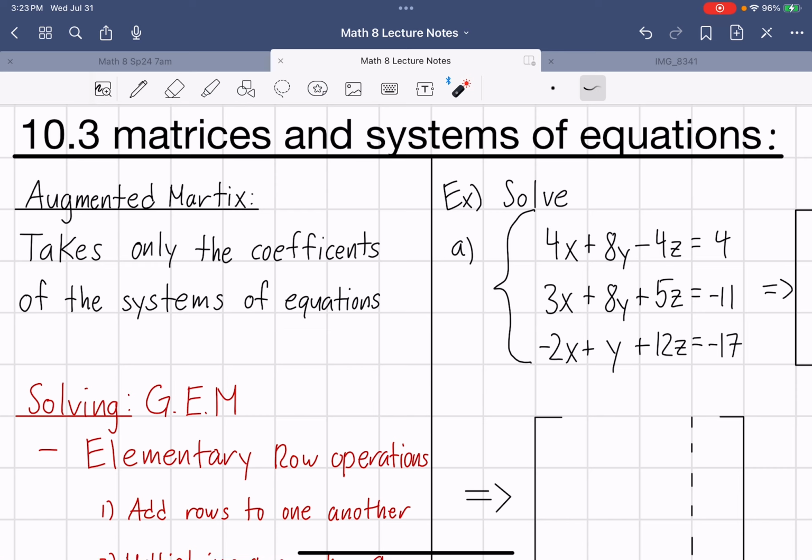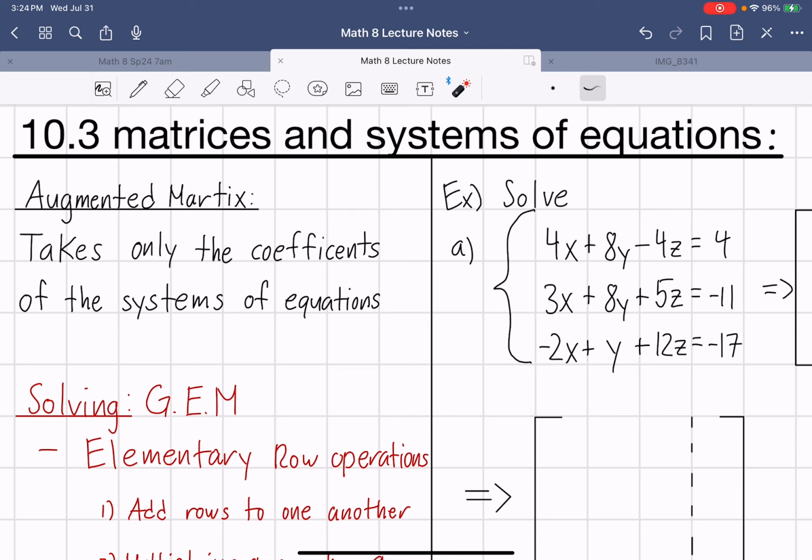Now a matrix doesn't necessarily have to do with equations. Each entry has a value, but due to the fact of how systems of equations are solved, using matrix notation works out really well, right?